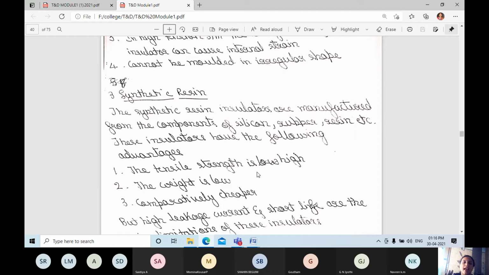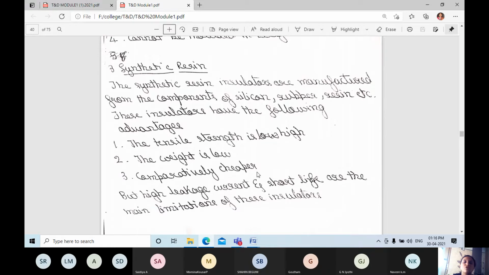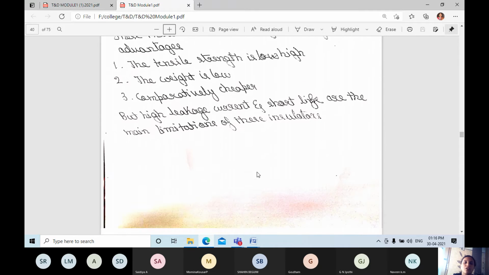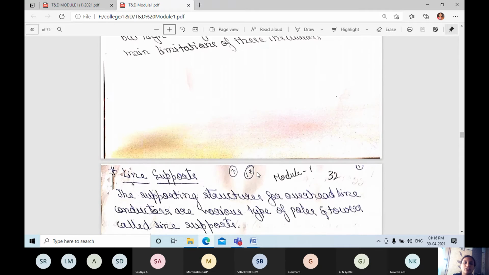These insulators have the following advantages: tensile strength is high, weight is low, and they are comparatively cheaper. But high leakage current and short life are the main limitations of these insulators. So go for the porcelain only.